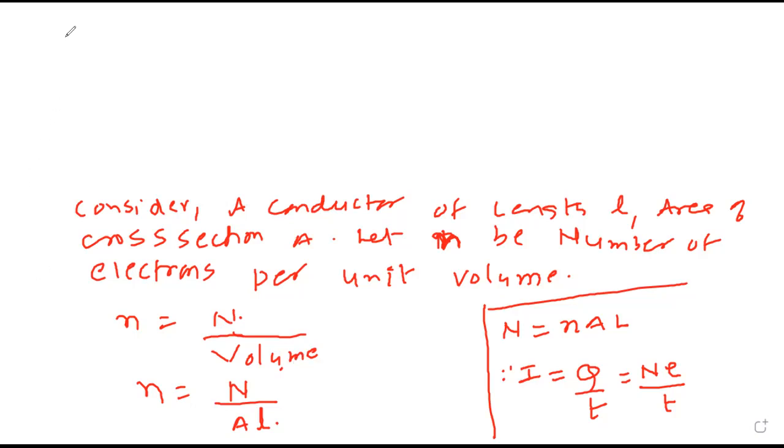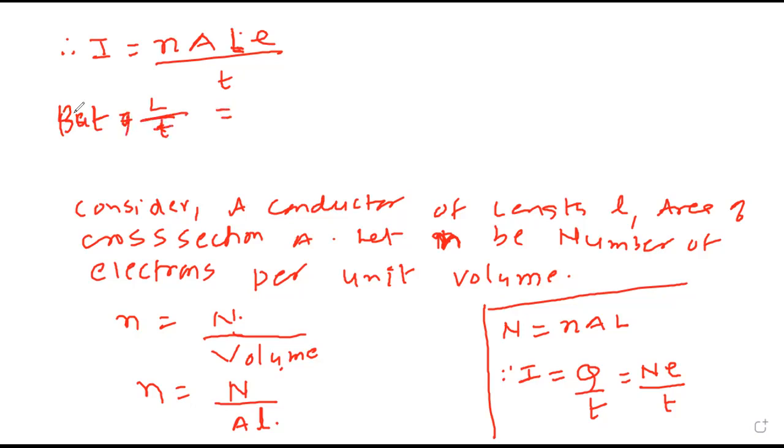Shall I go ahead? So n into A into L into e upon time. What is distance upon time called? Speed. Correct. If I consider moving in a straight line, I can also say it is velocity.